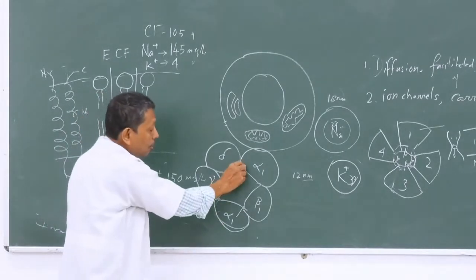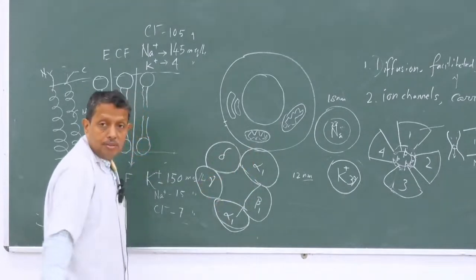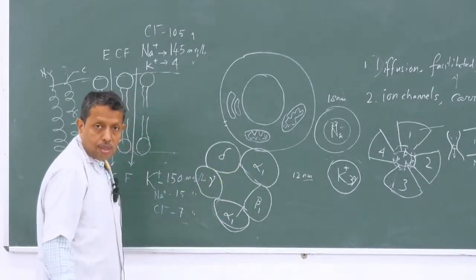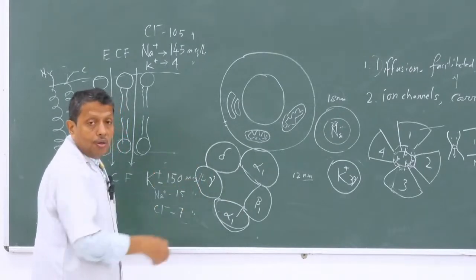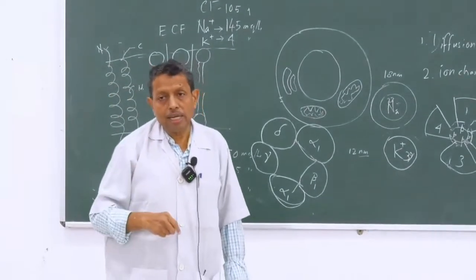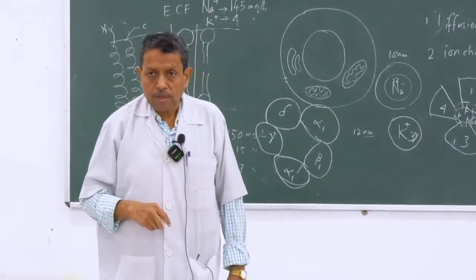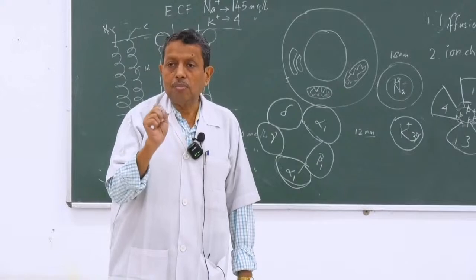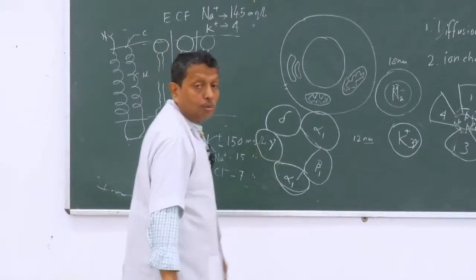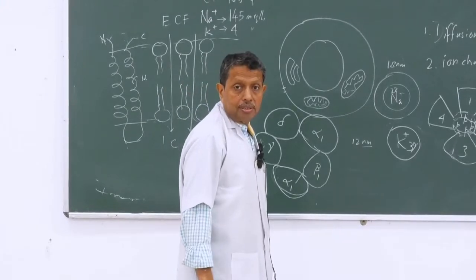The alpha subunit is primarily responsible for this. It is the transverse section, and you can see in the textbook laterally how they are disposed. When acetylcholine molecules bind with the alpha subunit, there is opening of the channels.